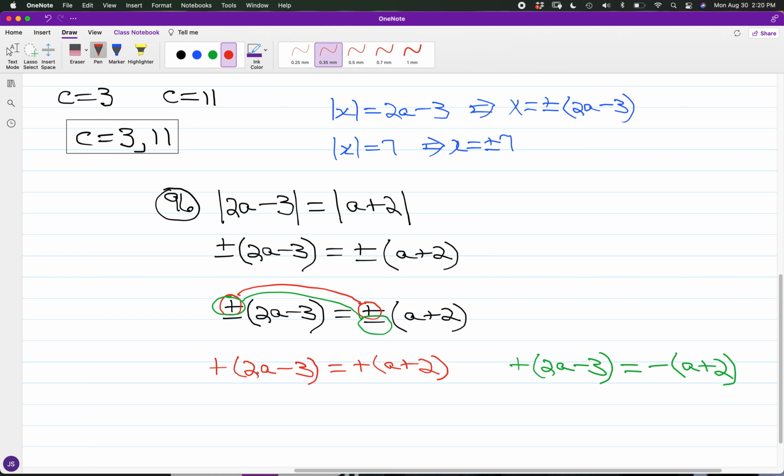No sign change whenever we have both sides positive. So you have 2a minus 3 is equal to a plus 2.